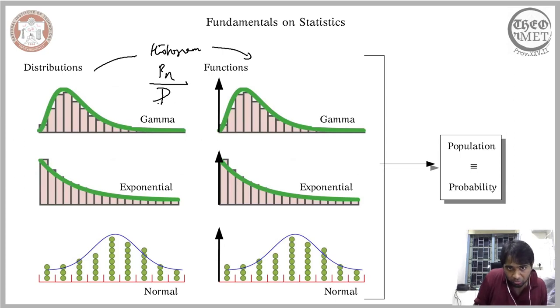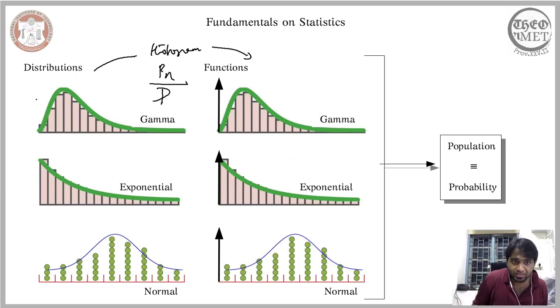Only through this were we able to arrive at this curve. And what we observe is that when you compare a given distribution, the trend in both the distribution and the corresponding function is the same. Supposing you consider the gamma distribution, it comprises how the population in a given gamma distribution is distributed.